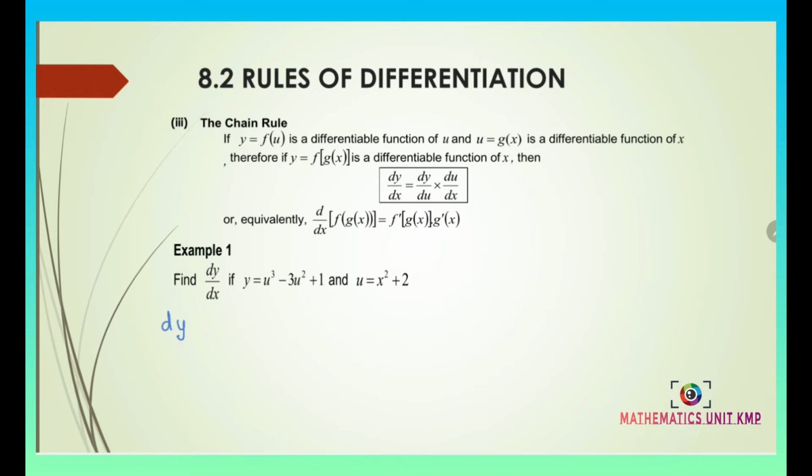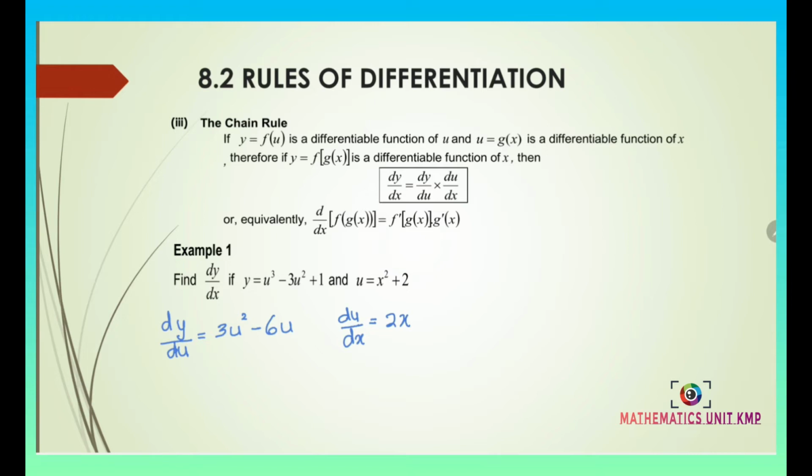Then we write dy/du, and we get 3u squared minus 6u. And here, when we have u in terms of x, we differentiate u with respect to x, which is equal to 2x.